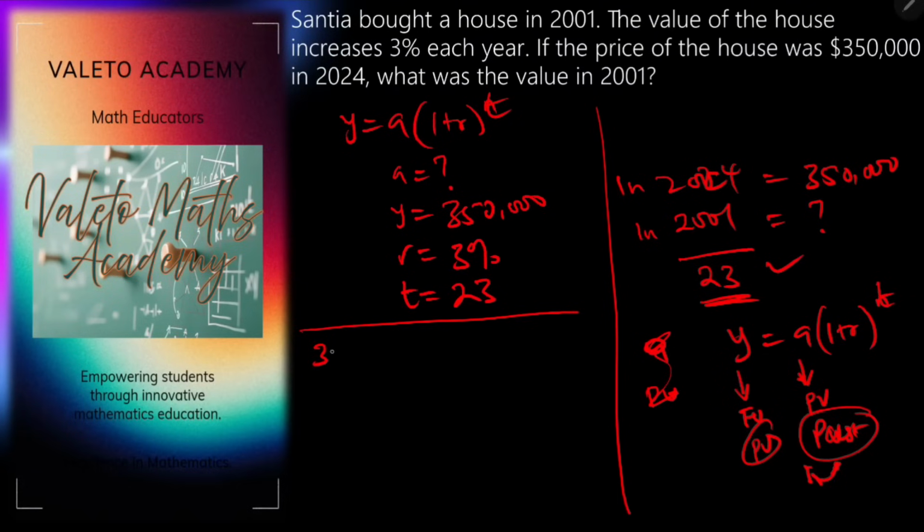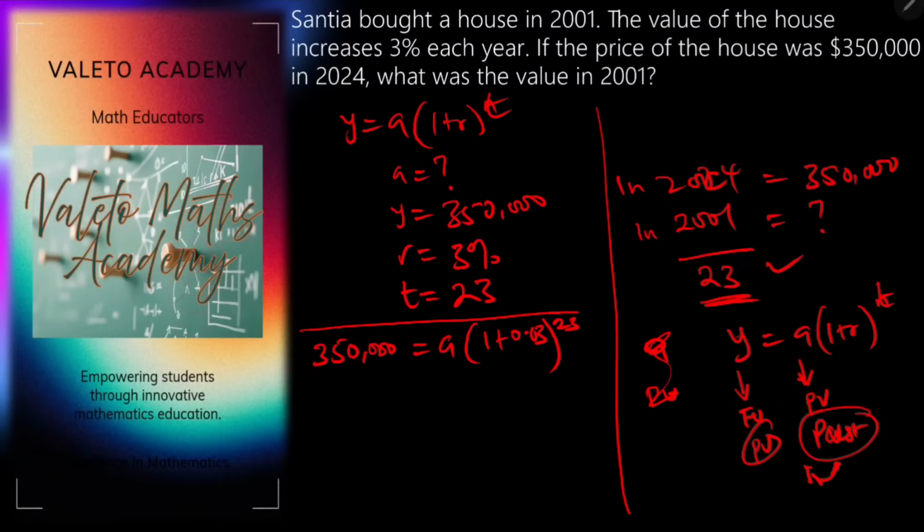equation. So we have y, which is 350,000, is equal to a, which we do not know, times 1 plus r. r here is 3%, which is 0.03, raised to power what? t, which is 23.